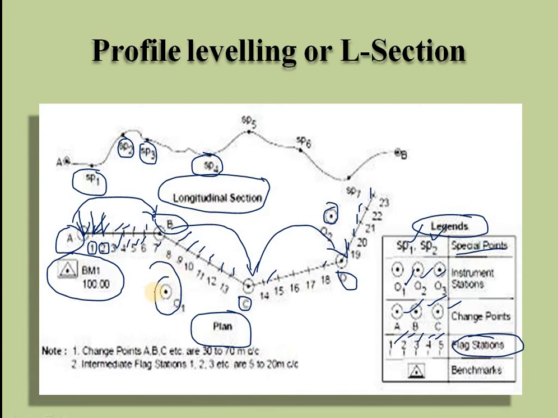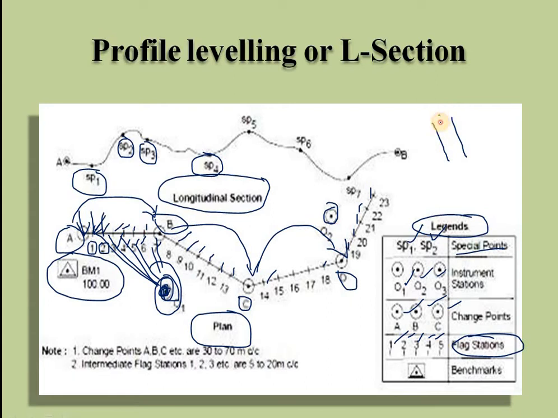And we can use another method also, that is L section. So L section is known as, you can see here, O1 and O2 and O3. By keeping the instrument at station O1 here, we can observe the points 1, 2, 3, 4, 5, 6, 7 parallelly, where the alignment is there. So for example, I will take a road.